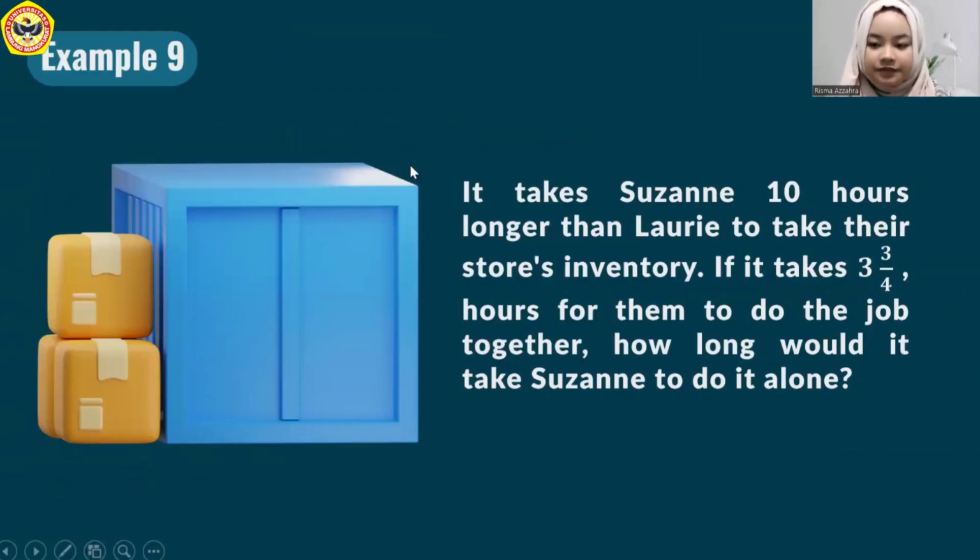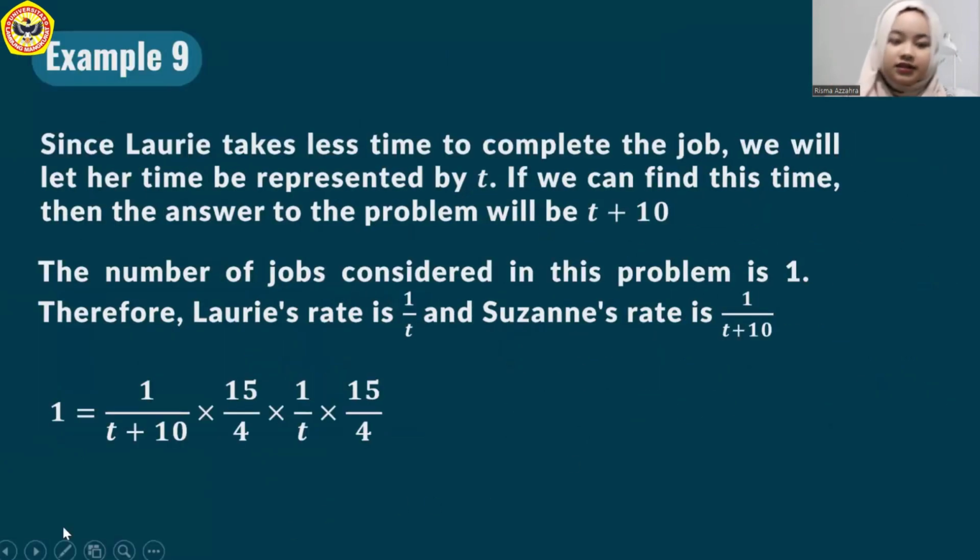Example 9. It takes Susan 8 hours longer than Lori to take their store's inventory. If it takes 3 and 3 over 4 hours for them to do the job together, how long will it take Susan to do it alone? So the solution is, since Lori takes less time to complete the job, we will let her time be represented by t.